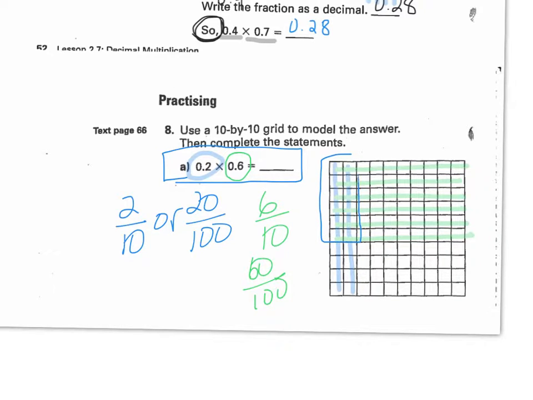And I see that right here. I count the number of squares. 1, 2, 3, 4, 5, 6, 7, 8, 9, 10, 11, 12. 12 out of 100 is 0.12. Therefore, the answer is 0.12.